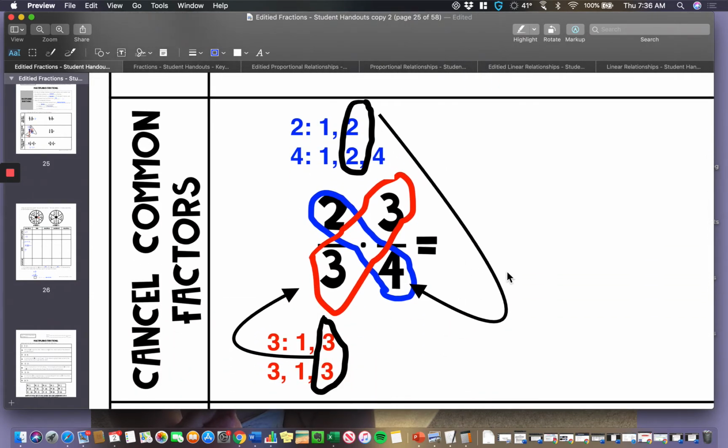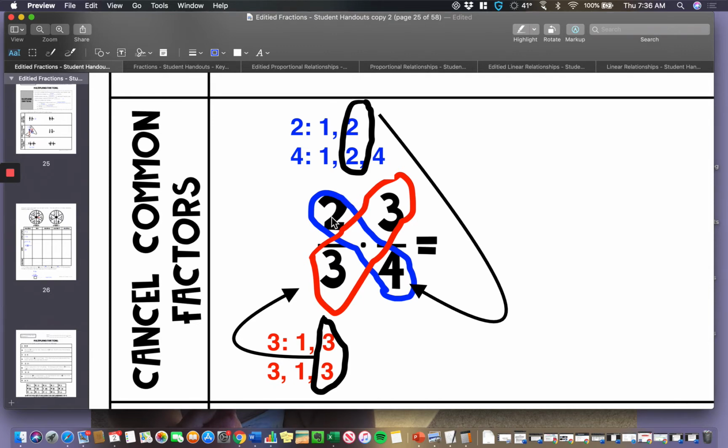Moving down to the middle part, we have cancel common factors. When we're canceling common factors, it's a way to simplify our answer beforehand. So what I want to do is find common factors that are across from each other.